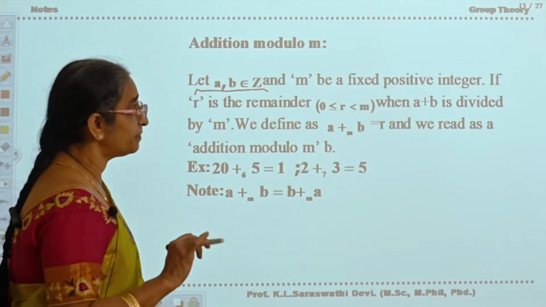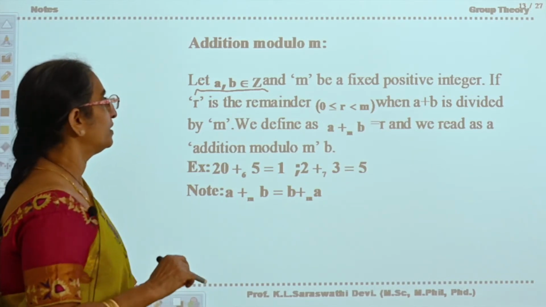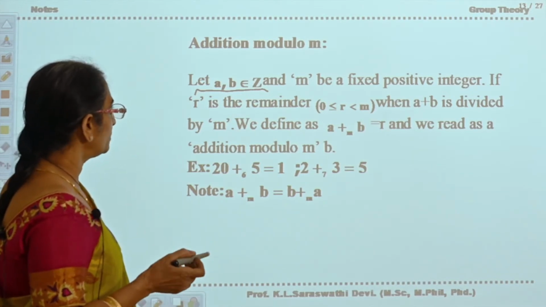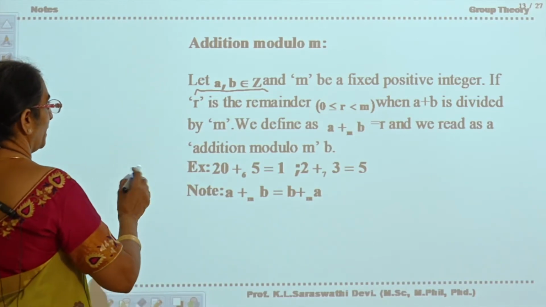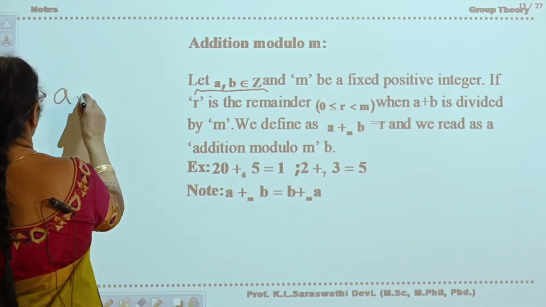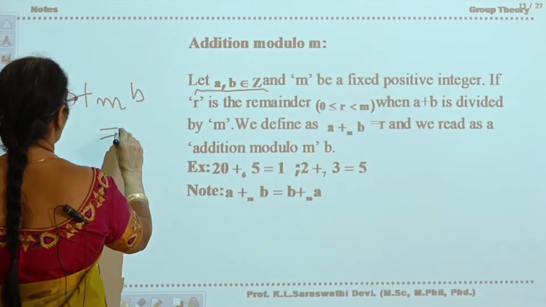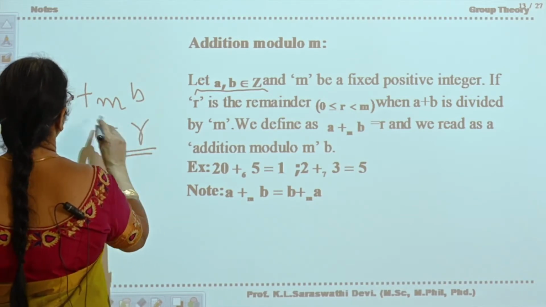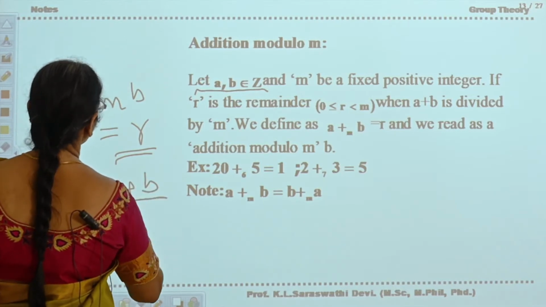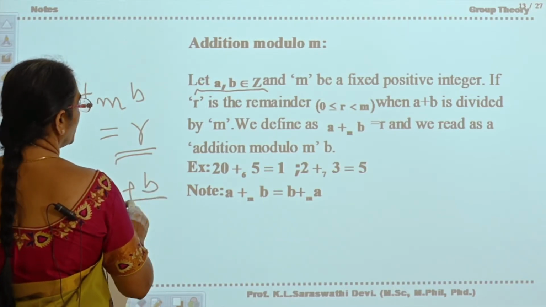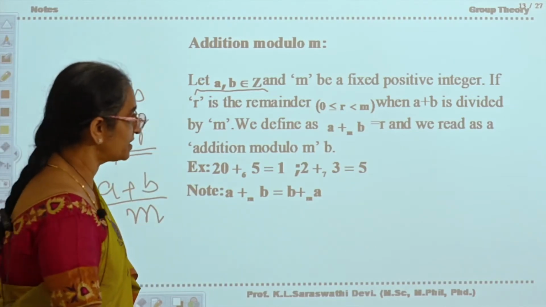If r is the remainder obtained when a plus b is divided by m, then we say that r is the addition modulo m. We write a addition modulo m b is equal to r.